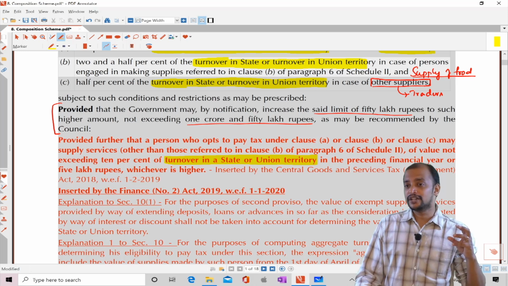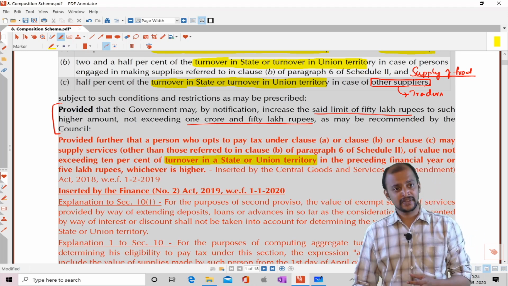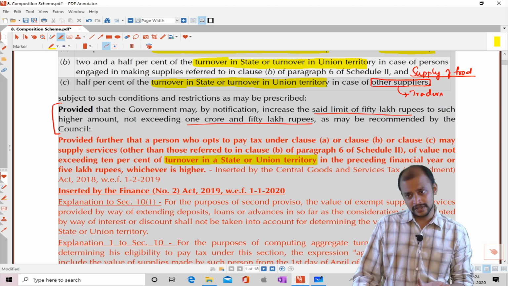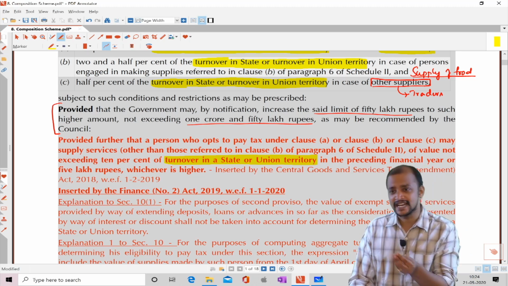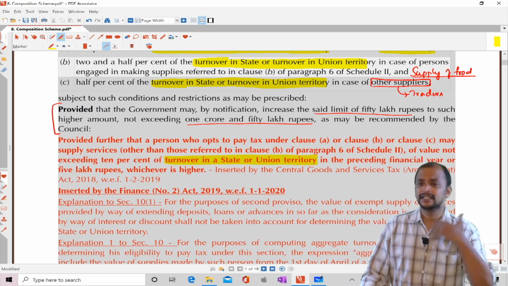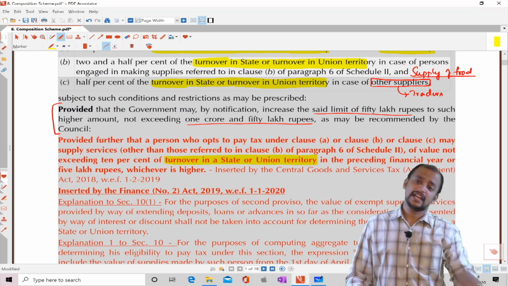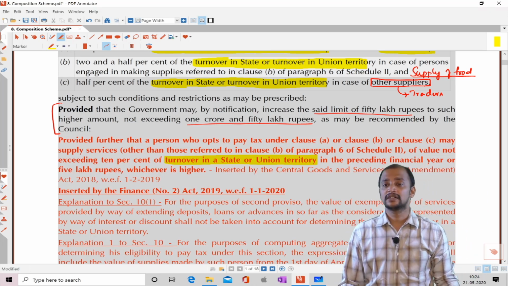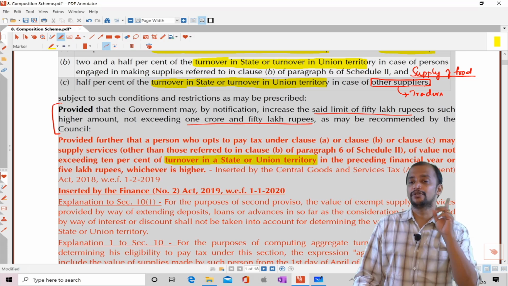Therefore, the objective behind this amendment is that whenever you are engaged in supply of goods as a trader or manufacturer, you will be rendering some incidental services. You render that incidental services or any service you render, but there should be a limit in that. What is that limit? Up to 10% of the turnover during previous year.